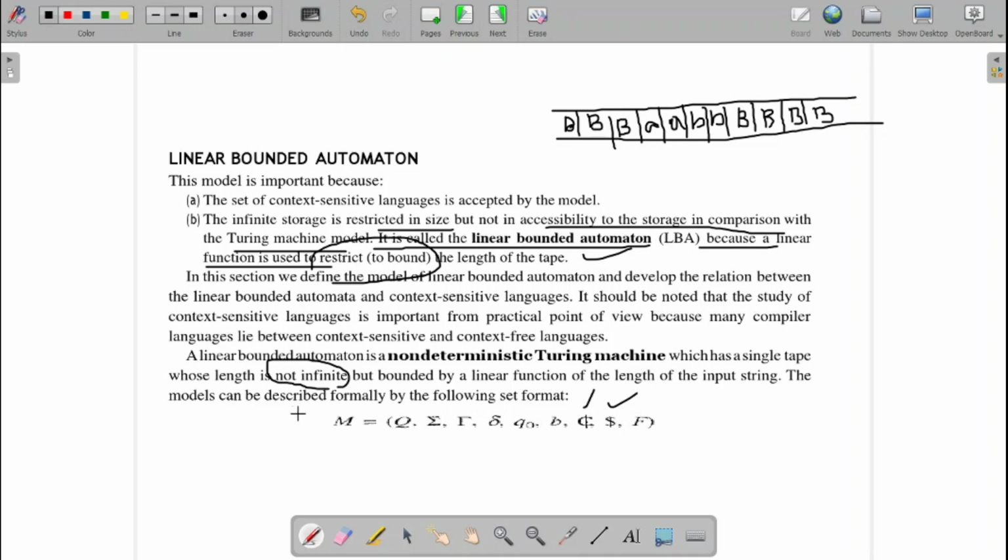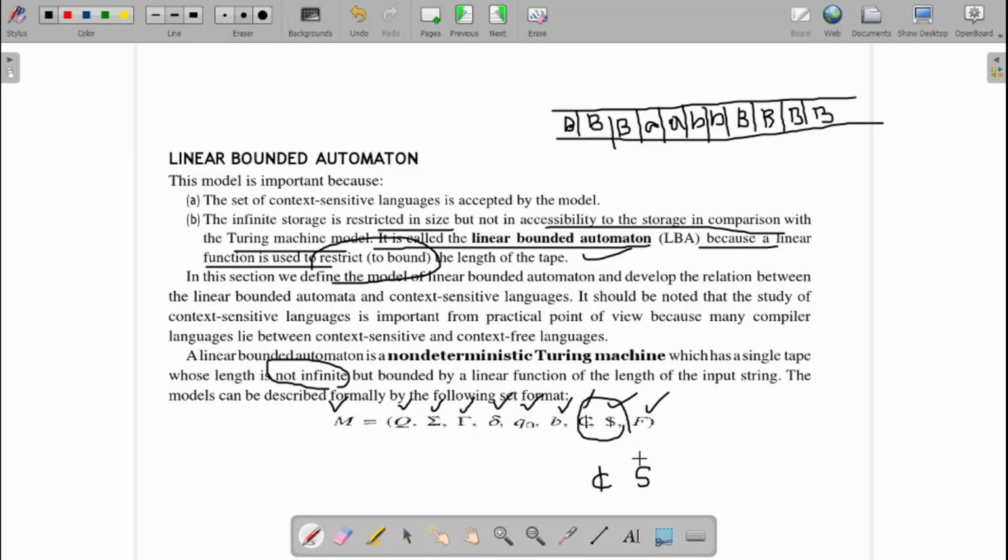The model can be described formally using the following format. Machine M, where Q is the finite set of states, sigma the set of input symbols, tau the set of tape symbols, delta the transition function, q naught the start state, b the blank symbol, and F the set of final states. Adding to that, we are adding two more symbols: cut C and the dollar symbol.